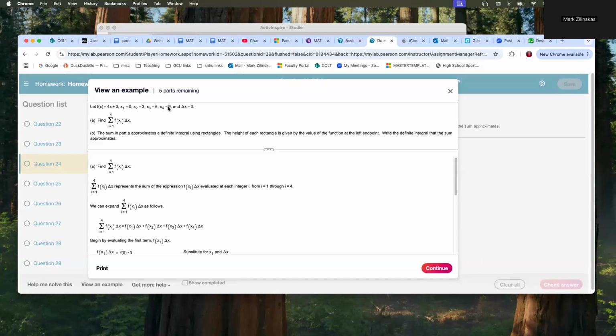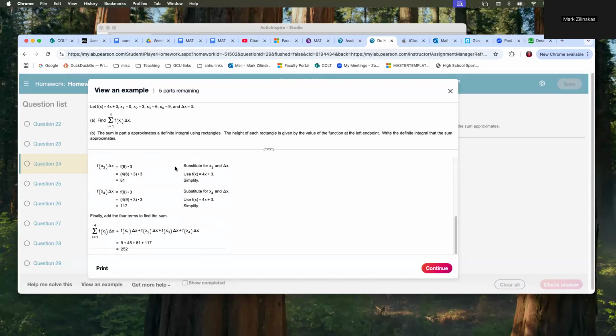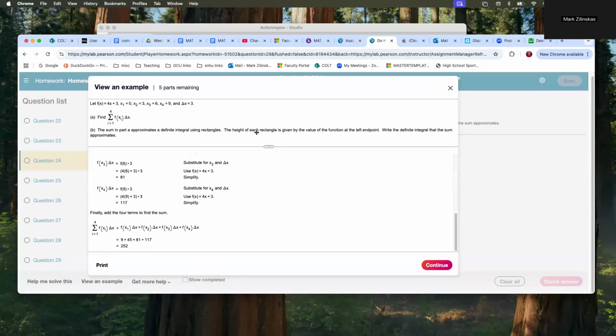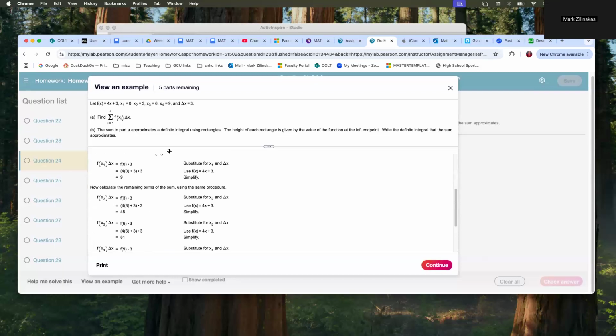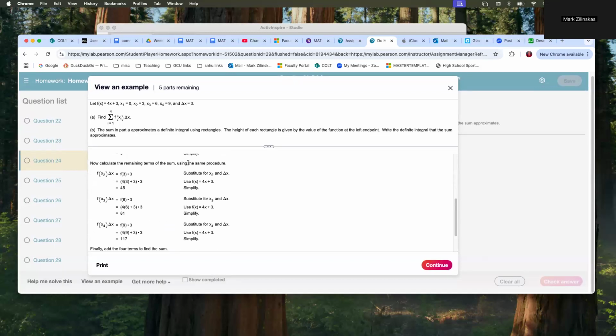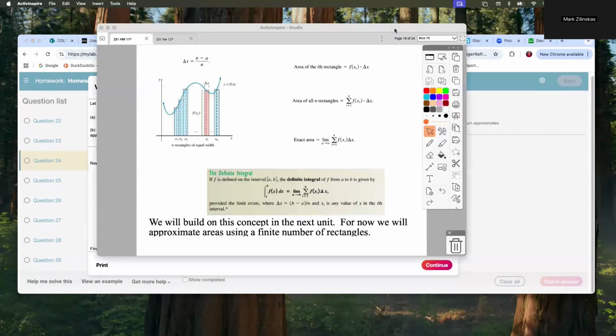This would be like using 4 rectangles to estimate that area. Okay, so I don't know what else to say. This is just a plug, substitute in and simplify type problem here. But I want you to understand what we're doing here in terms of evaluating that.